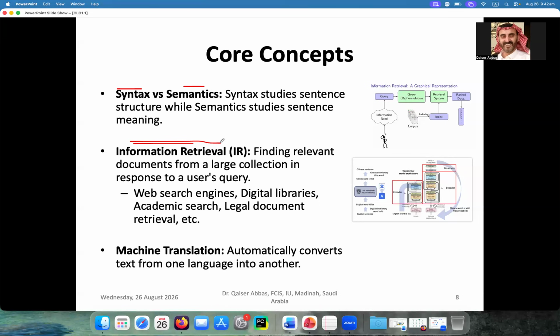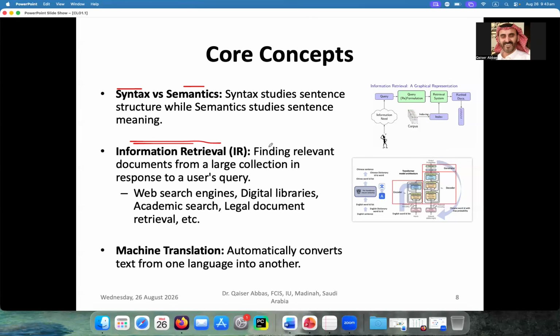Then you can build a system over those documents, and people can query, give me the guidance about this case, or about that situation, and the system will give you those documents which can provide guidance about those issues. These are different examples of information retrieval systems.